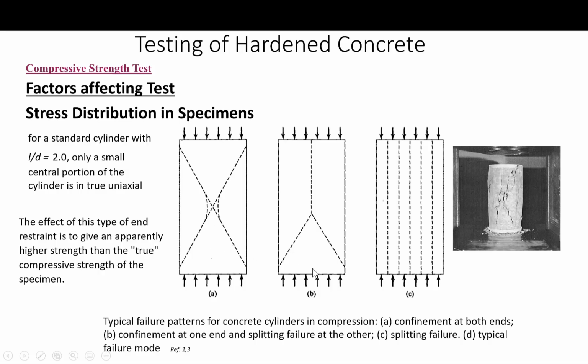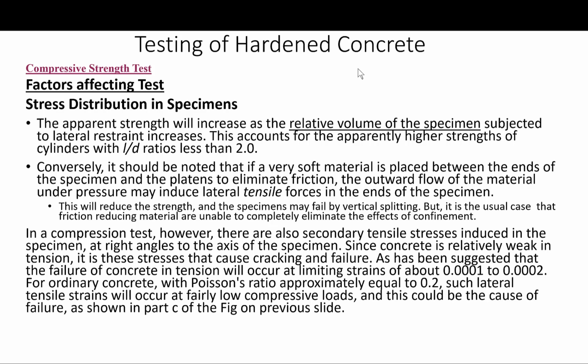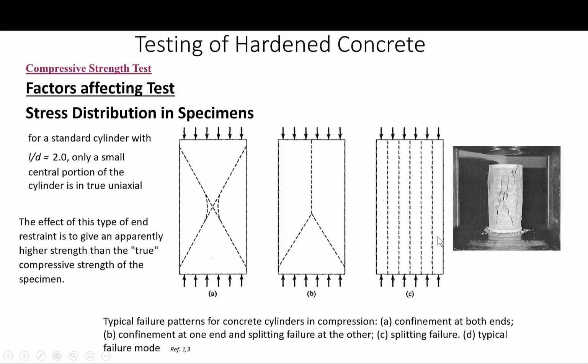This one here has confinement on one end and no confinement on the other end, and we get this shape. And this is like a splitting failure, with no confinement on either end. We end up with this mode of failure. So the apparent strength will increase as the relative volume of the specimen subjected to the lateral restraint increases. For example, like in this case.